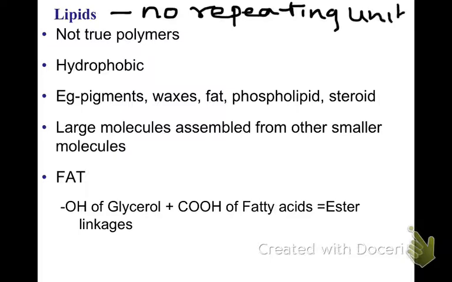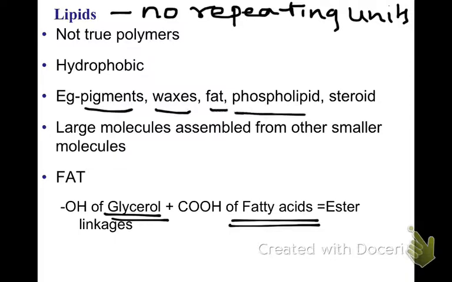They are just simply composed of fatty acids and glycerol, in different combinations. First thing is they are hydrophobic. I will go ahead and prove to you why they are considered hydrophobic in a while. You would see lipids in pigments, in waxes, in fat, in phospholipids, and in steroids. So they are just large molecules assembled from other slightly smaller molecules.